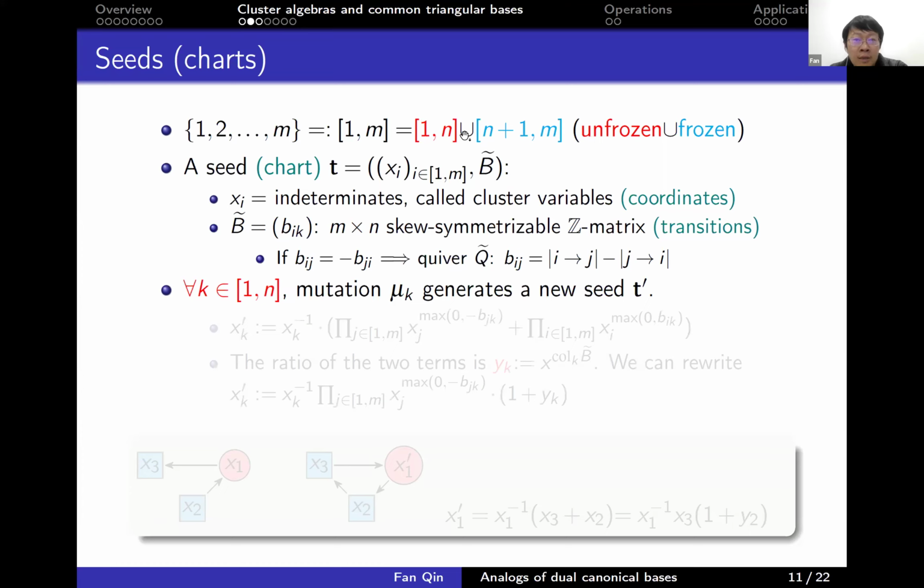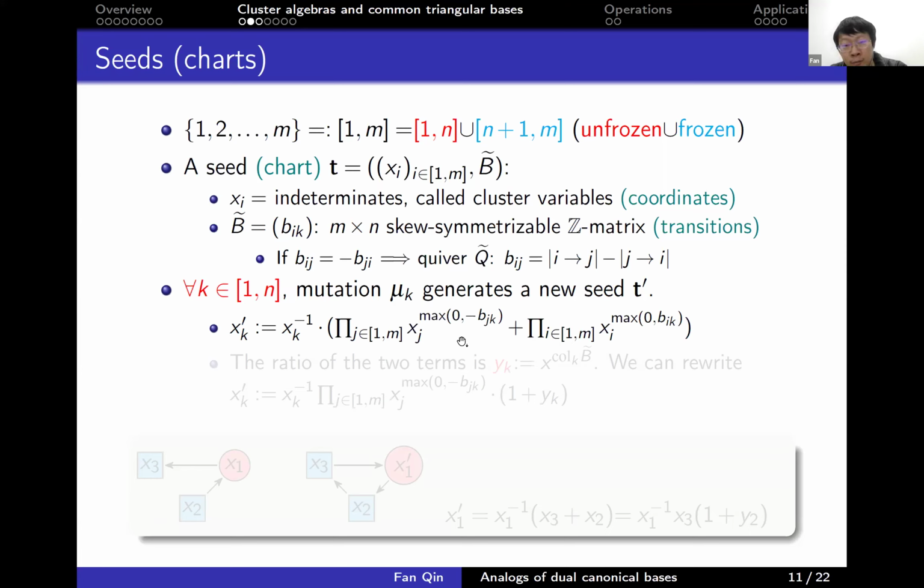And now, for any of these red letters, the unfrozen ones, there's a process called mutation. This will generate a new seed. So this will be an adjacent chart from the original chart. So it will preserve most coordinates, but only change one coordinate. Xk prime is defined as xk inverse, and then the sum of two monomials in the original coordinates.